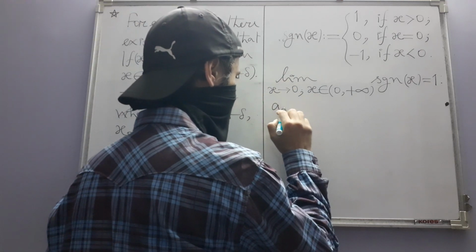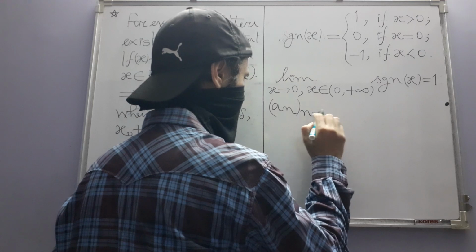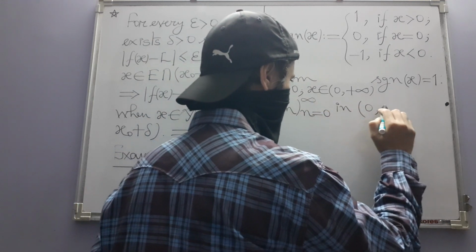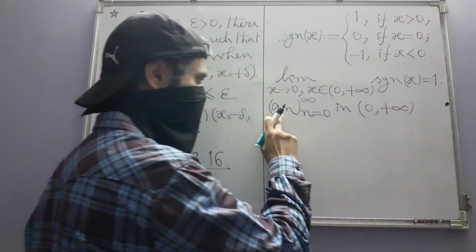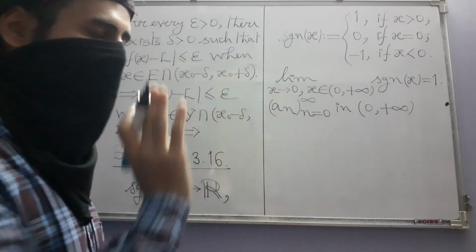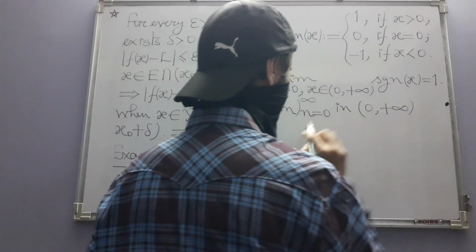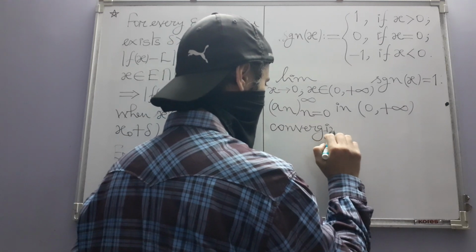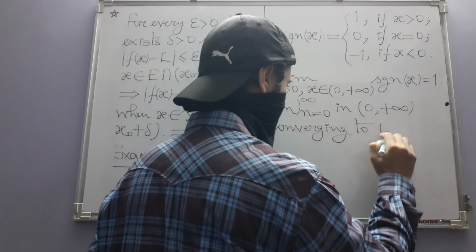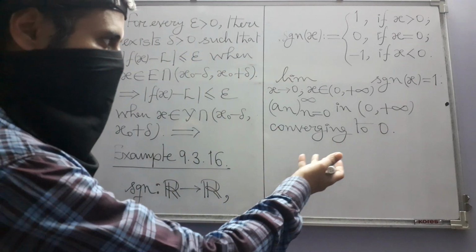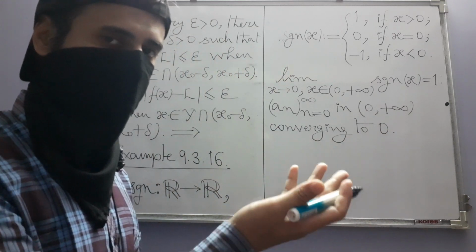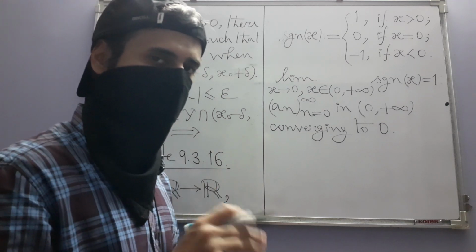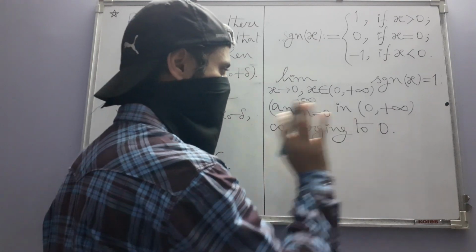So let an be any sequence in this, which means all the terms an are positive real numbers converging to 0. An example of such a sequence is our familiar 1 over n. There all the terms are positive real numbers, in fact rational numbers actually, and that converges to 0.